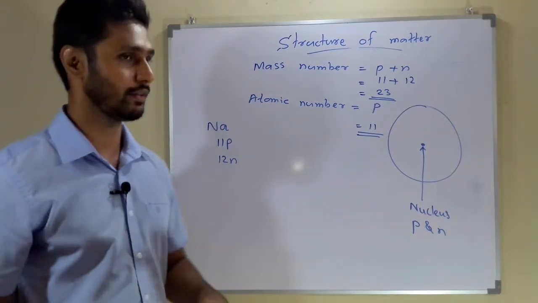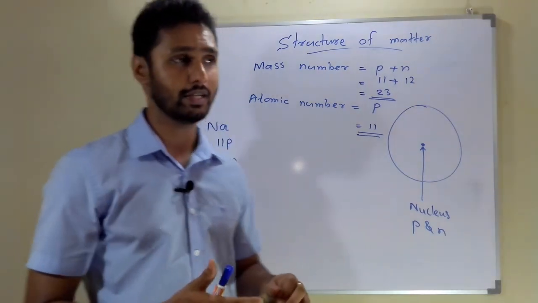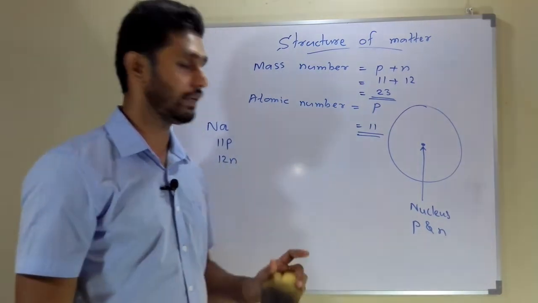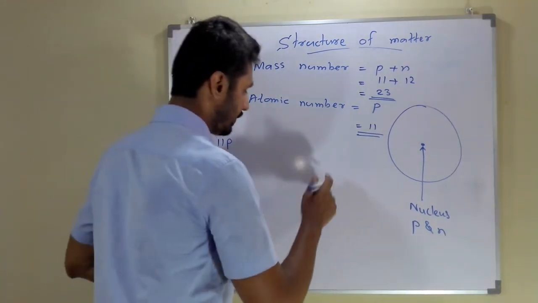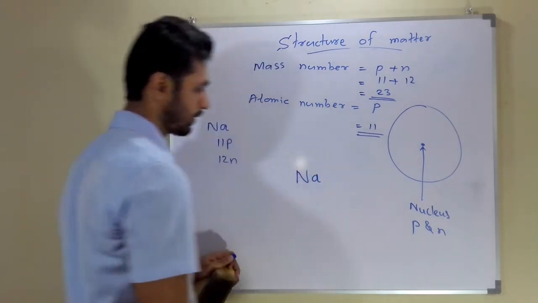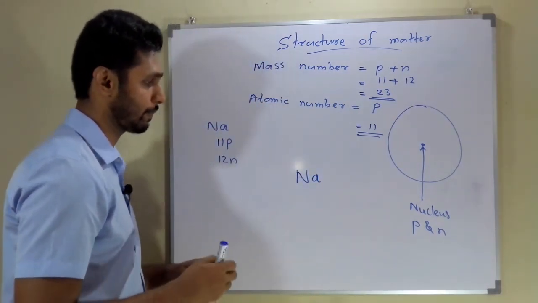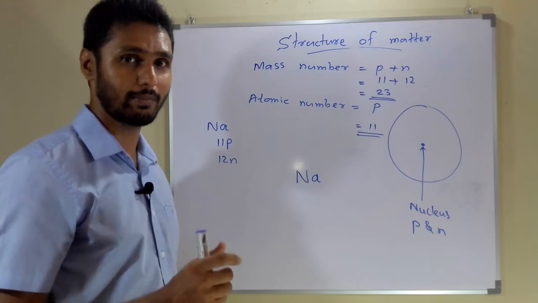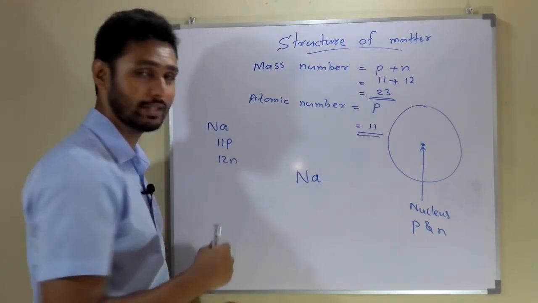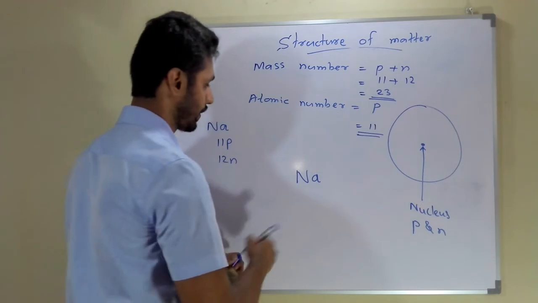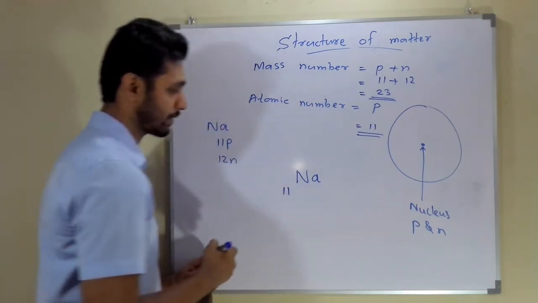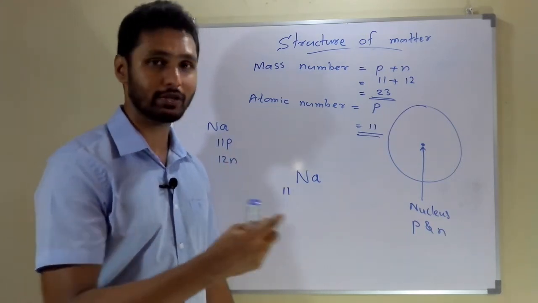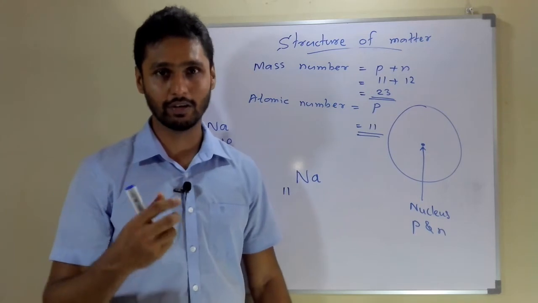Then next thing is the indication of this atomic number and mass number with its symbol. So think this is the symbol of sodium atom, and you have to mark the atomic number in the left side of the symbol and bottom. You can see the place of the atomic number related to the symbol of atom.